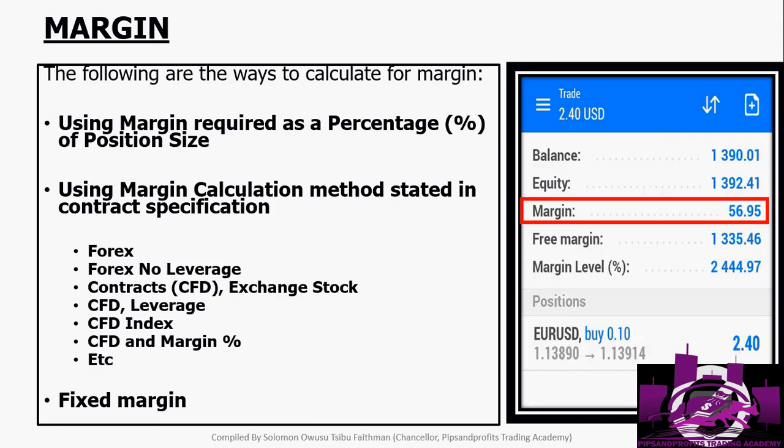We also have a formula for calculating margin when it is stated that use Forex no leverage method, okay? And then we also have the contract or exchange stock. We have CFD, that is contract for difference leverage, okay? It means that we can also have CFD with no leverage. It means that in that particular calculation, you are not going to apply leverage. We have the CFD index, we have the CFD, and then margin percentage, and we came to fixed margin, okay?